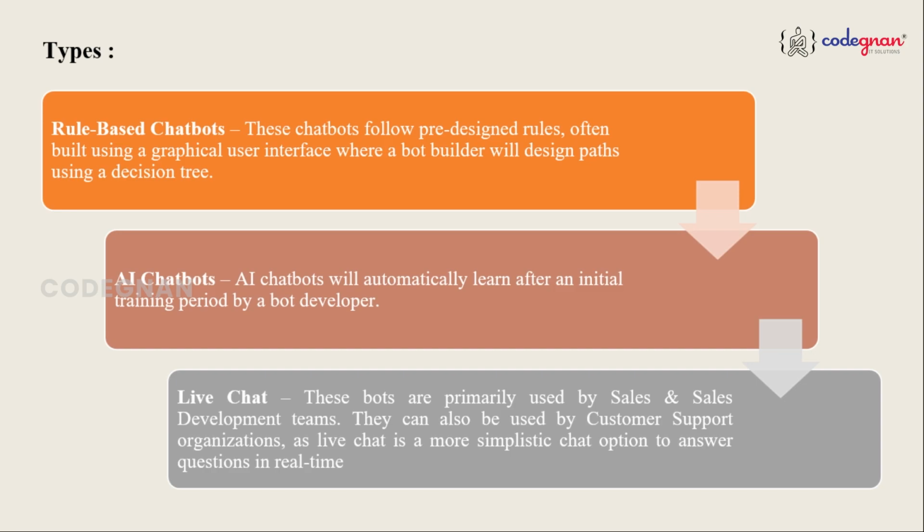They are learning from that. That's where you see, after an initial training period by a bot developer, because even Siri came in the 2000s when the iPhone was introduced. Steve Jobs gave it, right? The name for it is Speech Interpretation and Recognition Interface, because that's where the era of mobile phones has been changing. So that's where AI has come into picture.